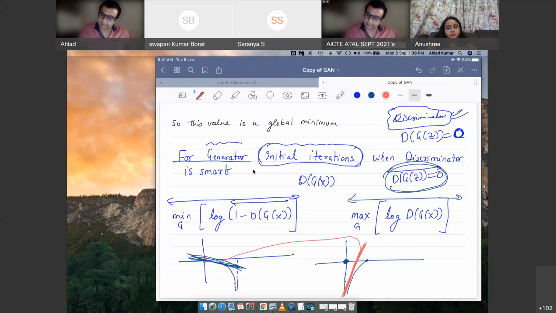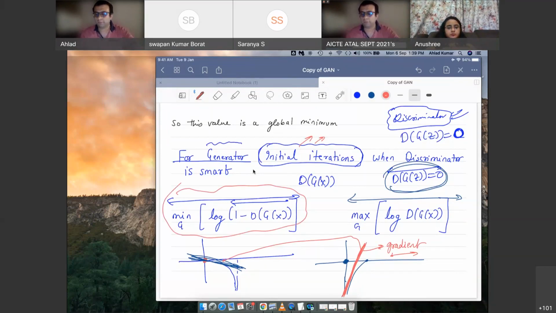So these gradients will actually help us in the learning of the generator during the initial stages of the training, which was very hard if you were using the earlier loss function. So if you see the paper, at the end of the paper when they are discussing, they say, let us replace this by this. So this is the reason why they are doing it.